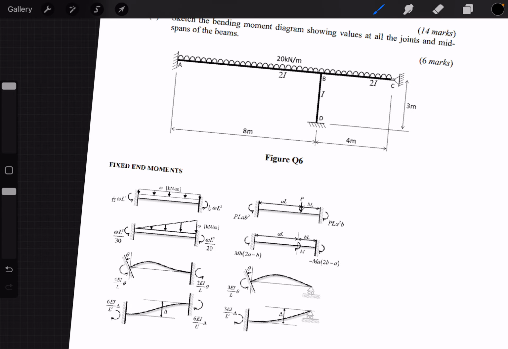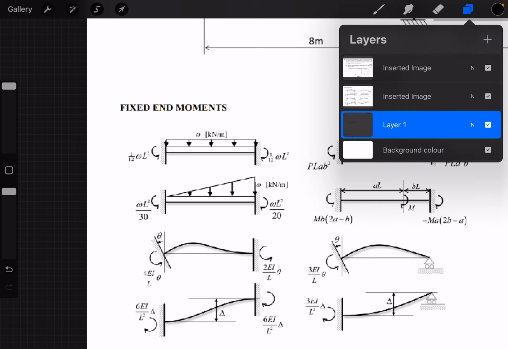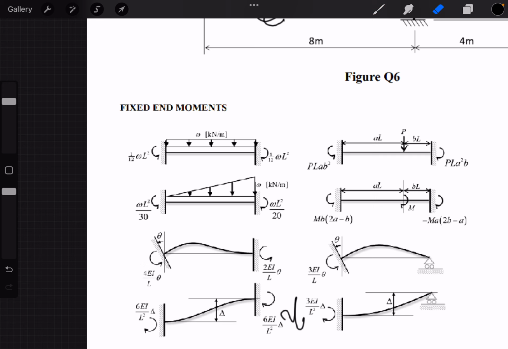And we can find that the stiffness is 4EI over L. I'm having an issue with this, but I should now be able to draw on it. Here we go.